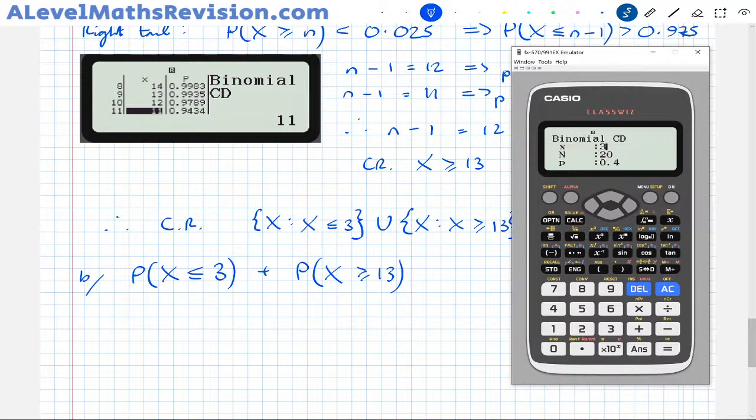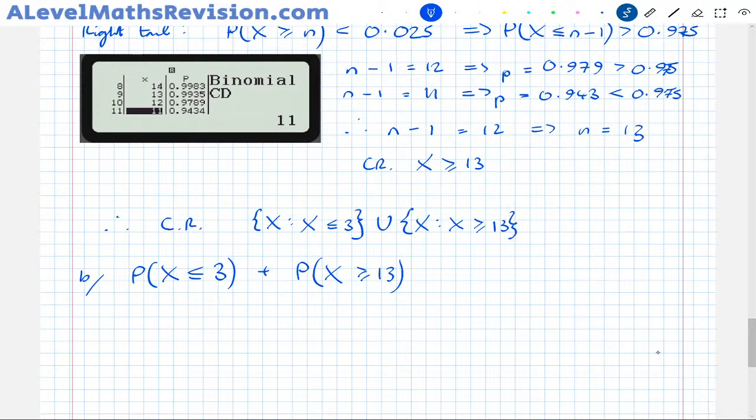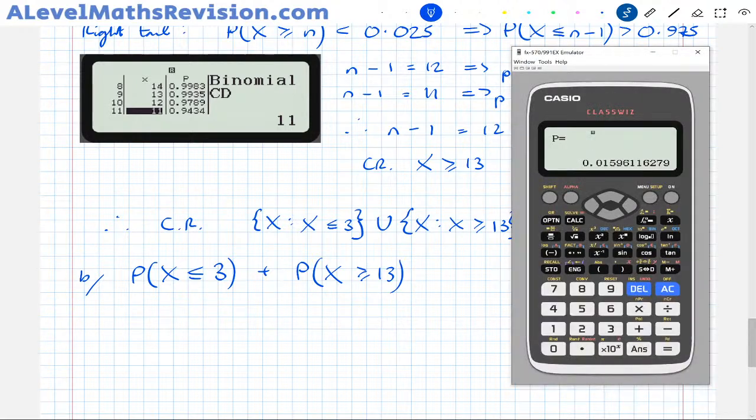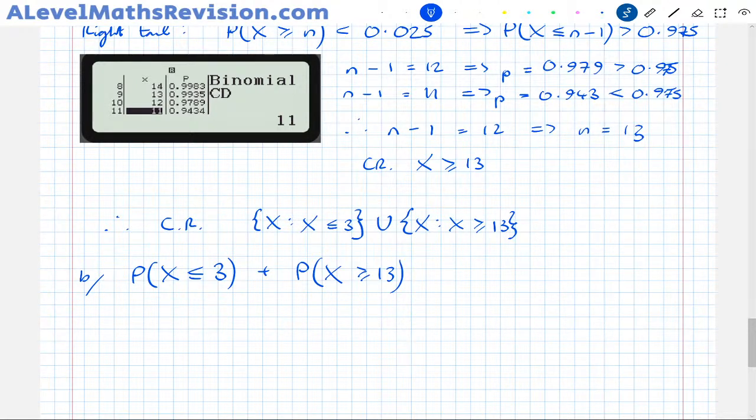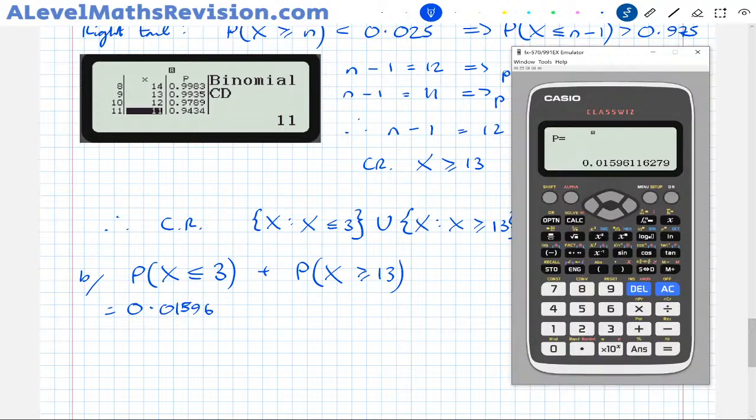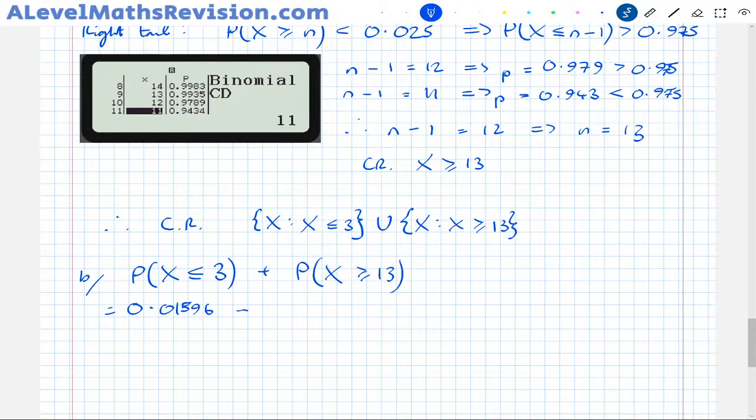So x is less than or equal to 3: 0.01596, and then plus 1 minus the probability x is less than or equal to 12.